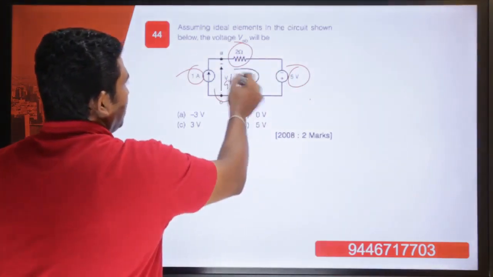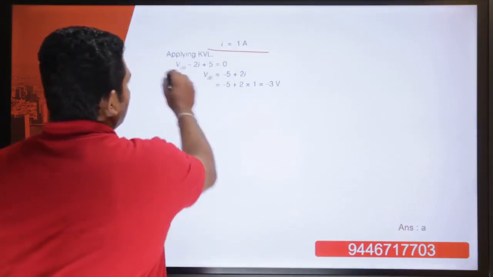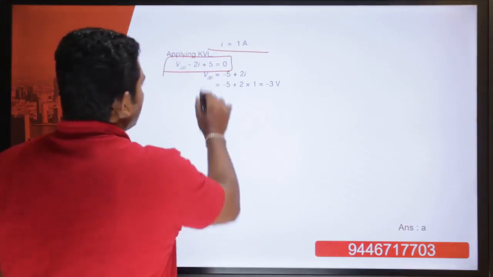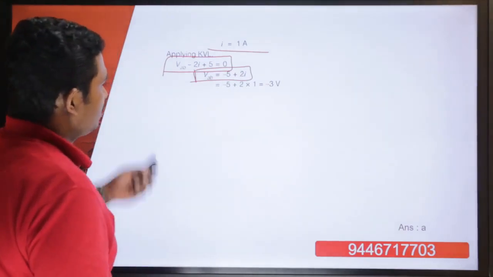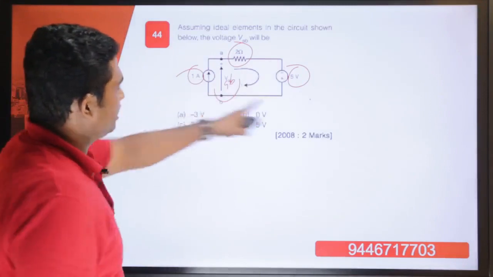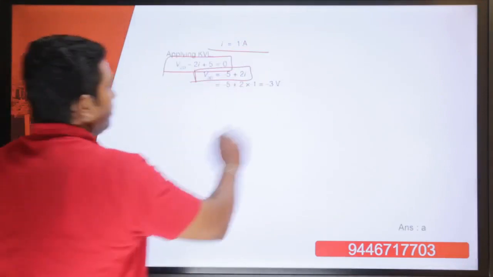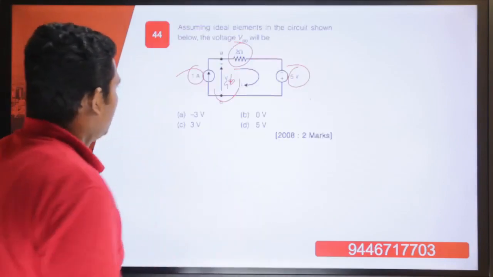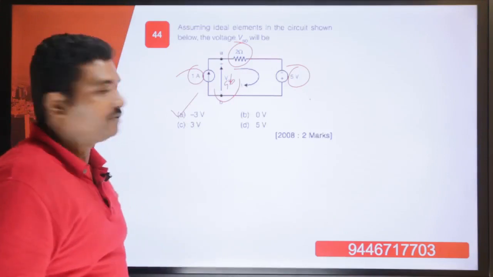From this, you will be able to make an expression of VAB in terms of I. And we already know that I is equal to 1 ampere, because I is given as 1 ampere and it is only a single series loop. So substituting I equal to 1 ampere, you will get the value of VAB as minus 3 volt. Minus 3 volt is option A. So for question number 44, we will go with option A.